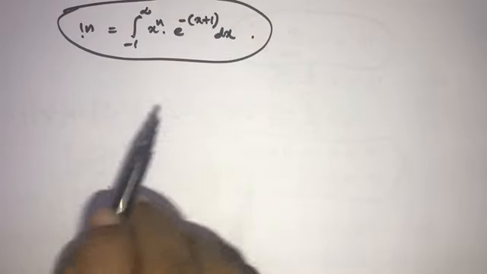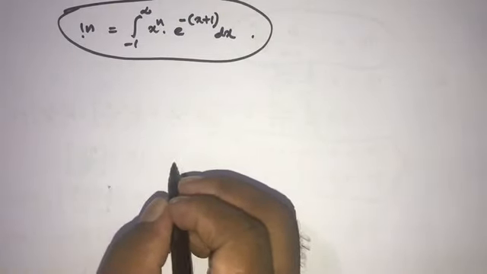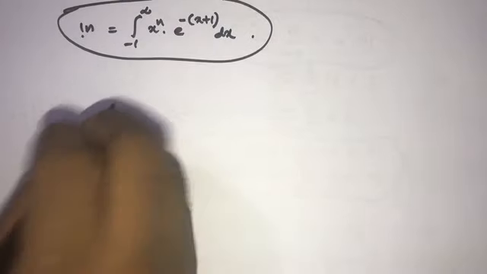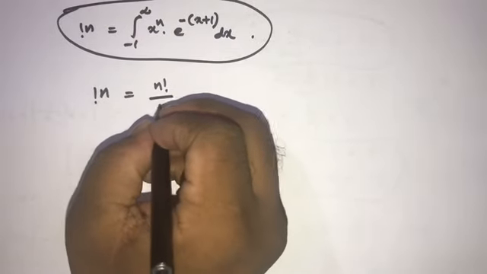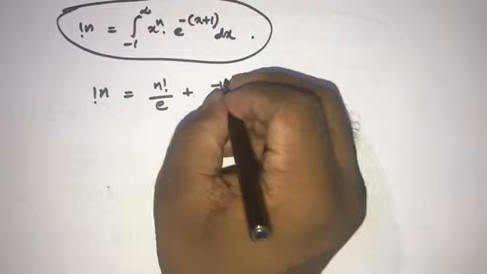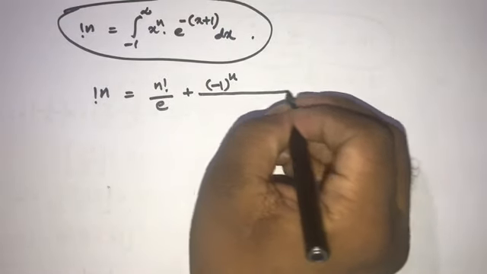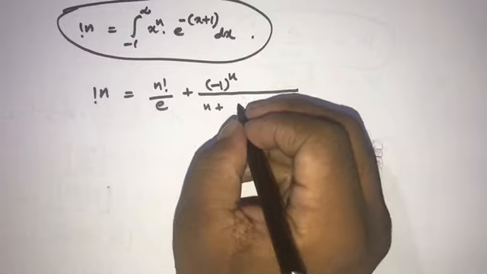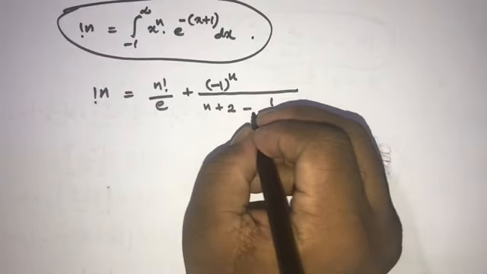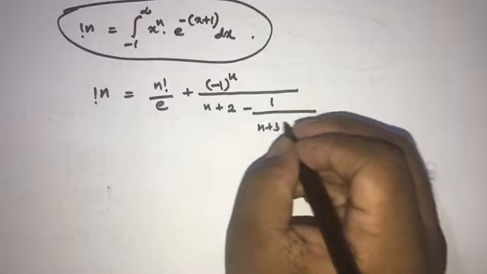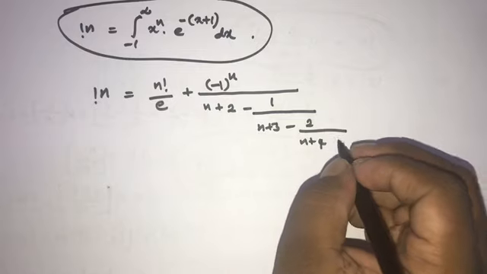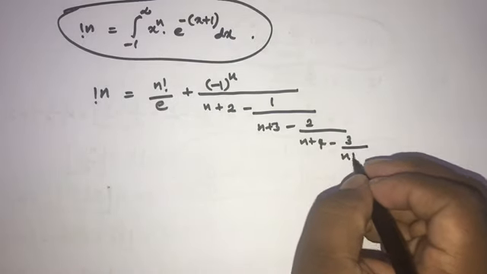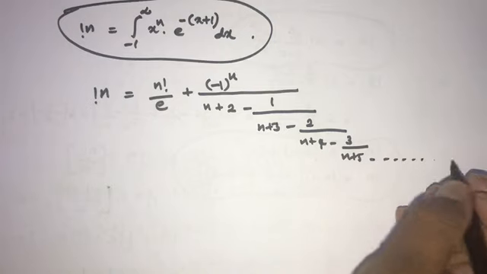Also, the continued fraction for n subfactorial is given by n subfactorial equals n factorial over e, plus minus 1 to the nth power over n plus 2 minus 1 over n plus 3 minus 2 over n plus 4 minus 3 over n plus 5 minus, and so on.